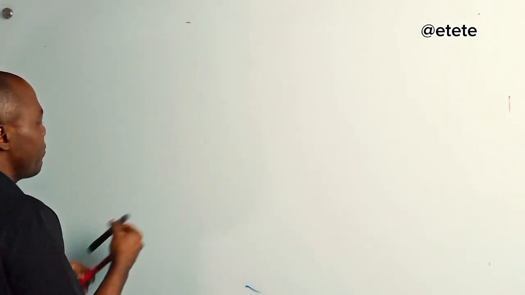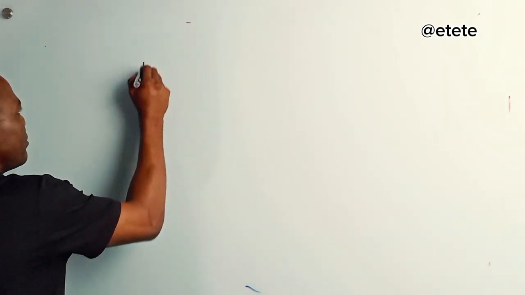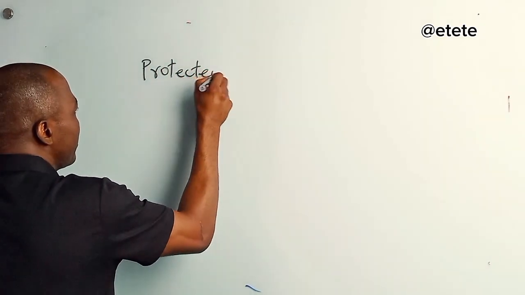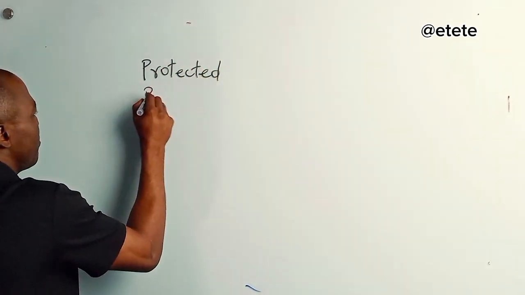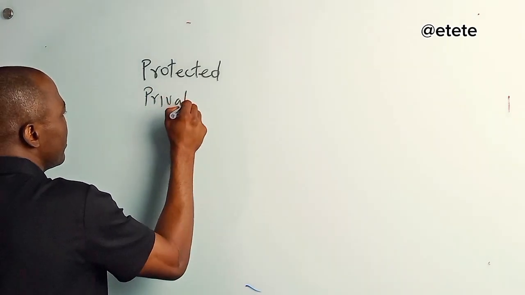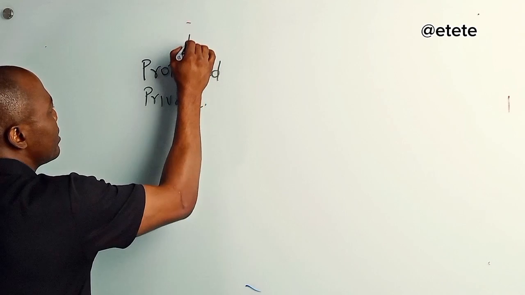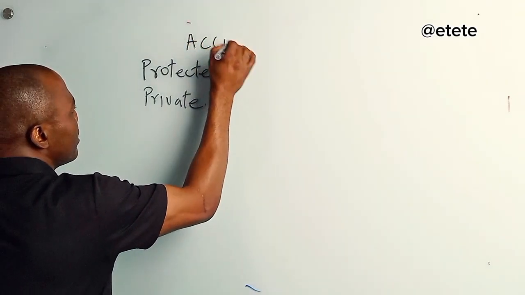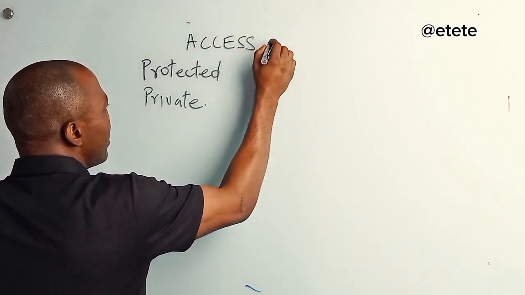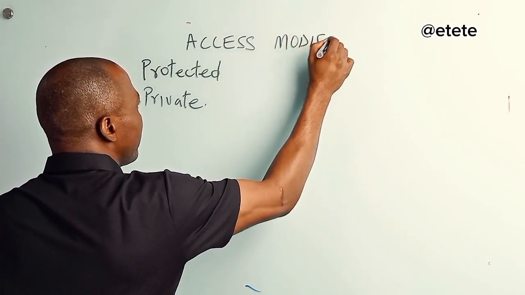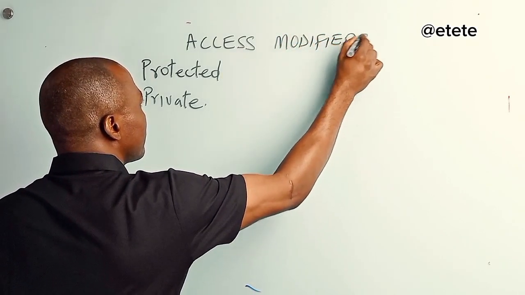So we have words like protected, right? We have words like private, right? So what we are looking at now is access modifiers, right?